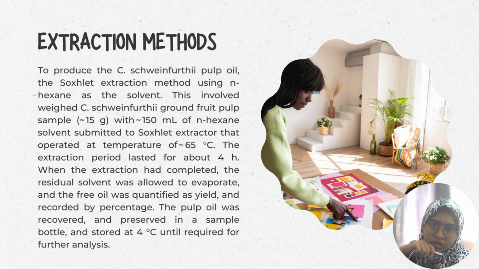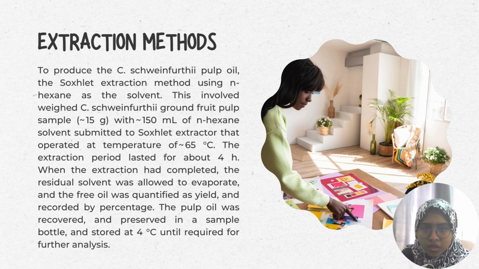So to get the Canarium schweinfurthii oil, we do the Soxhlet extraction method using hexane as a solvent. This involves firstly a ground fruit pulp sample of 15 gram with 100 milliliter of hexane solvent submitted to the Soxhlet extractor that operates at a temperature of 65 degrees Celsius.